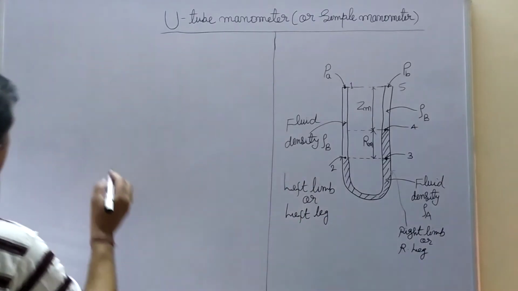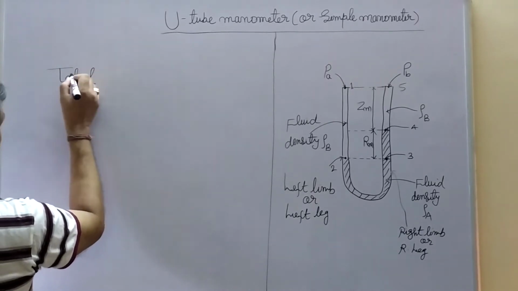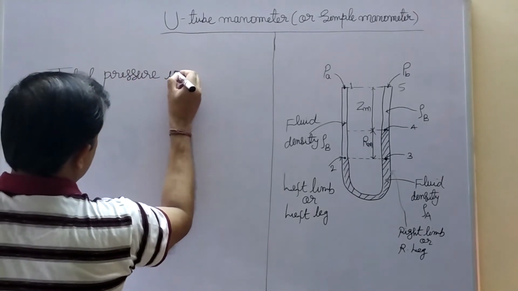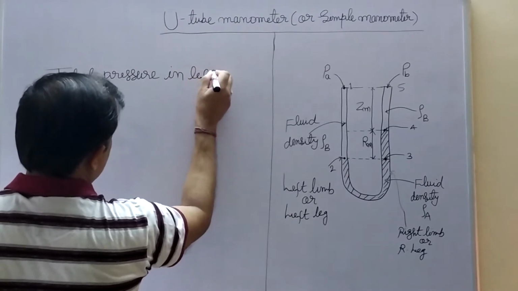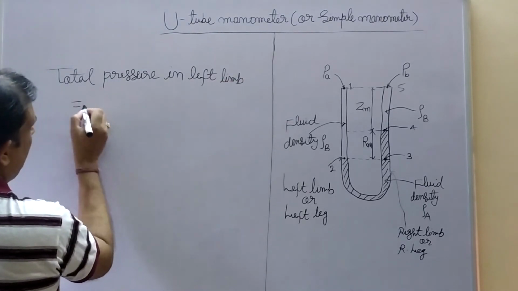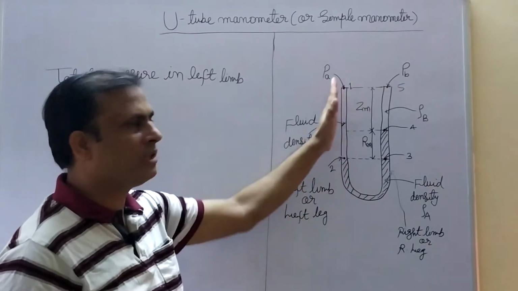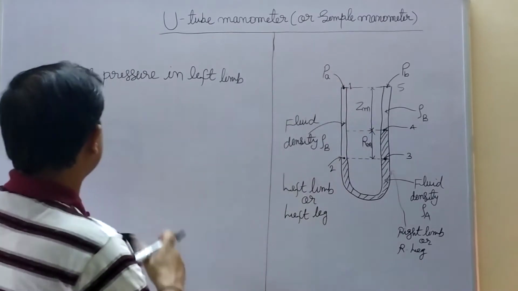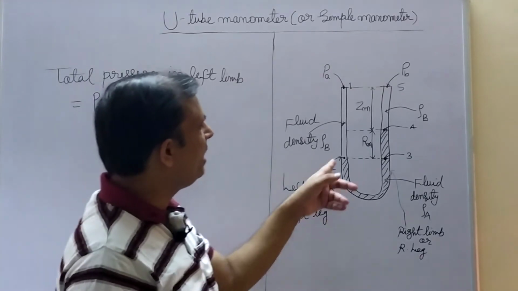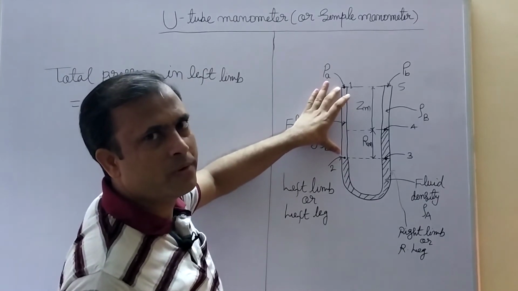So the total pressure in the left limb equals PA plus the pressure at point 2 due to the weight of this fluid or liquid. Now we are considering only this limb, this leg. So here the pressure at point 1 is PA, plus the pressure at point 2 due to the weight of this liquid.